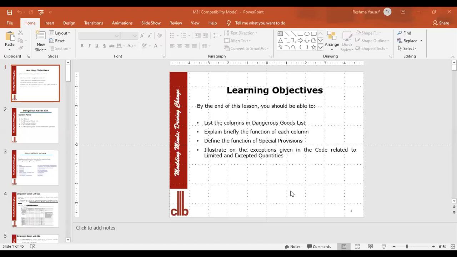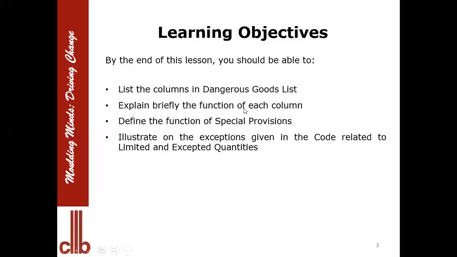So the major learning objective here is the columns of the DGL. You need to familiarize yourself with the columns of the DGL. That means knowing what each column represents and knowing where to refer to in the code book when you see information in a specific column of the DGL, because for every column of the DGL, when you look at your page 26 or whatever the pages of the DGL, the column numbers are in brackets.